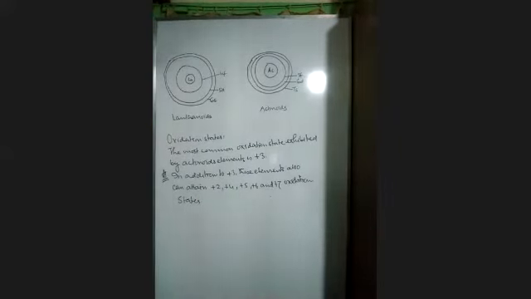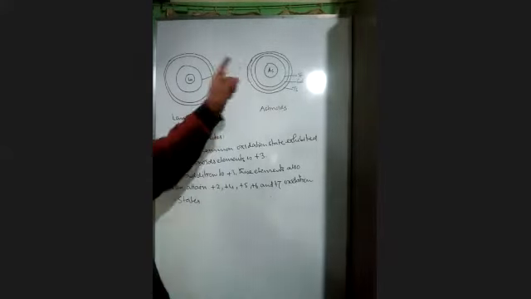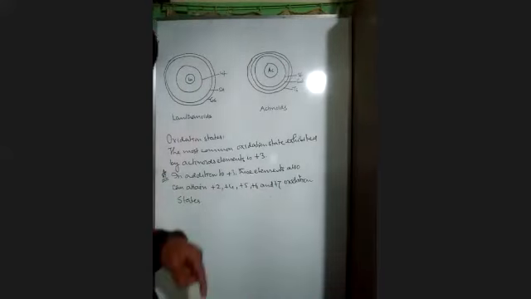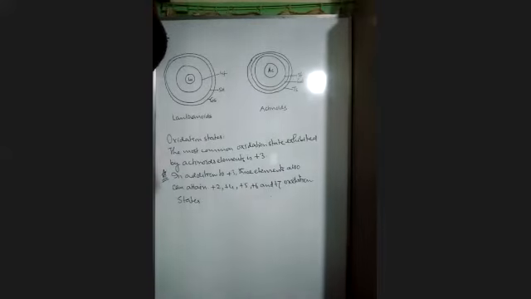See, as you have lanthanide contraction, you also have an actinoid contraction. Because here also when you go on filling the protons, you feed the electron in the 5f orbitals. 5f orbitals are larger than 4f orbitals.